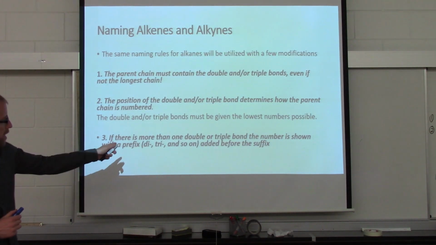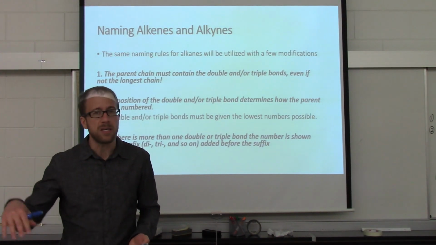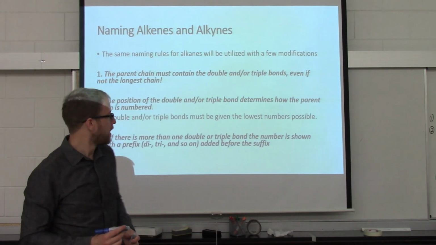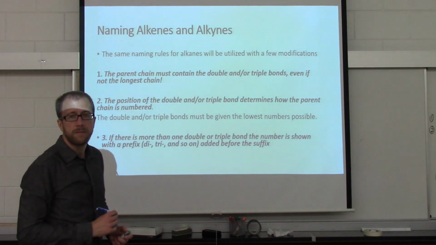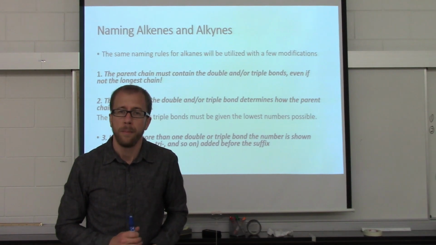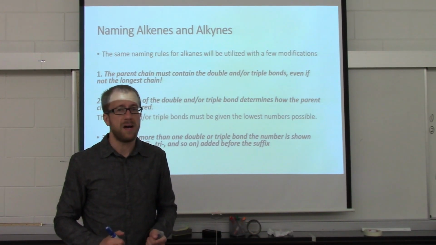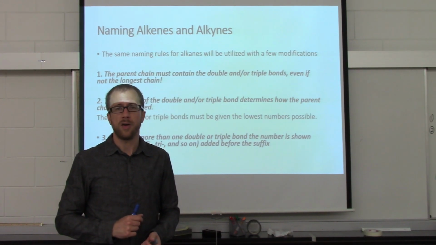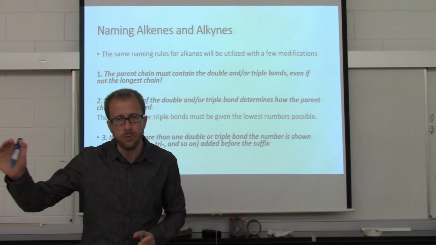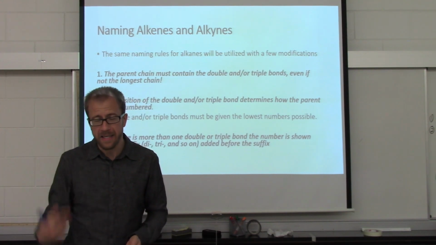And number 3, if there's more than 1 double or triple bond, you must use prefixes just like you did with methyl and ethyl and things like that. So instead of it being, for example, let's say there's 2 double bonds in your butane molecule. So you add 2 double bonds. We add them at 1 and 3. So I would say that would be 1,3-butadiene. So you do add that di right before your suffix -ene.